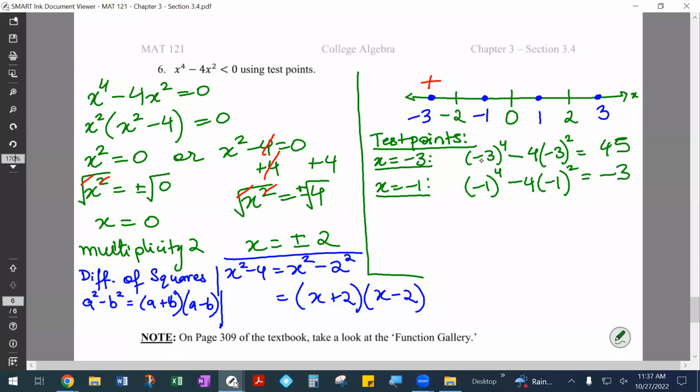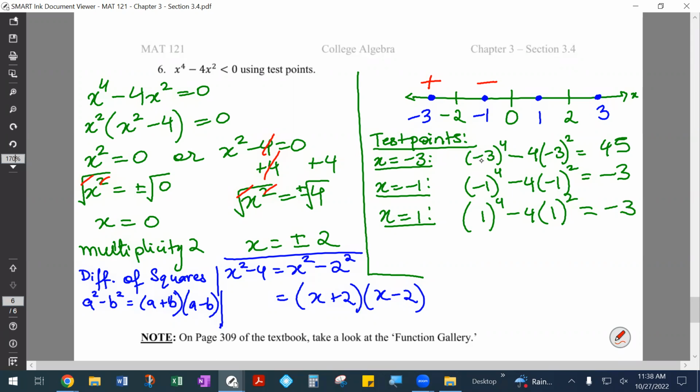This ends up giving us -3, right? That's a negative sign, which means our y values are going to be negative in the second interval. What about the positive one? It's still -3. Yeah, very nice, Ella.